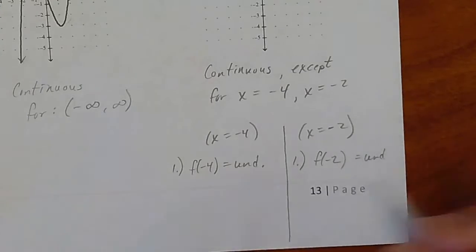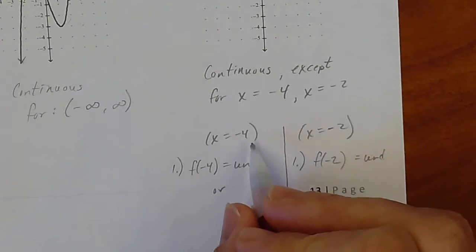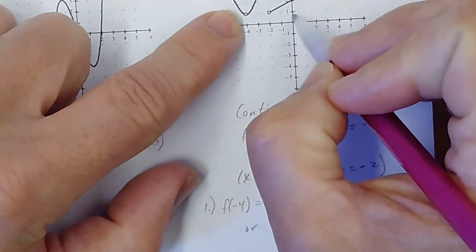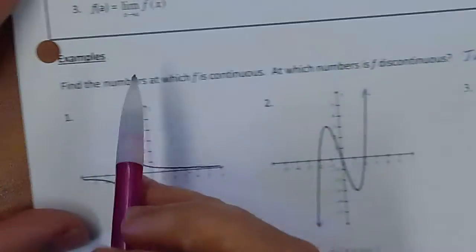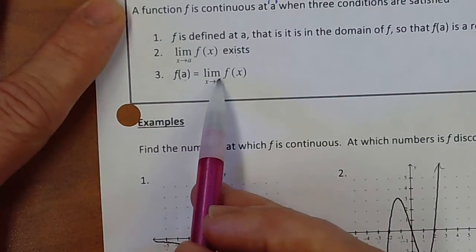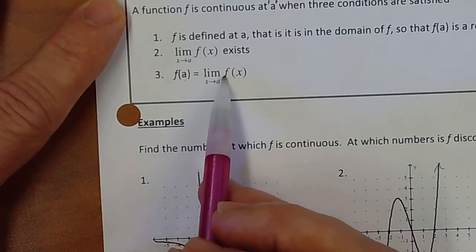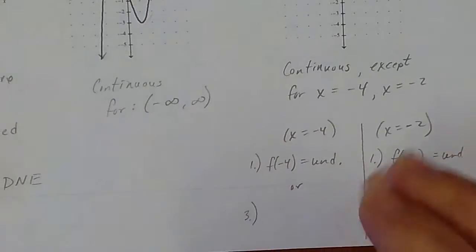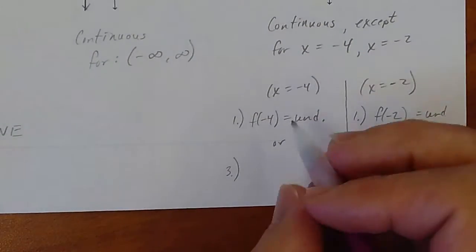Okay. Or let's take a look back at x equals -4. I could use justification 2. It does exist. It's a limit of 1. But the second one asks, is f at a equal to the limit? So the limit we just found was 1. Does 1 equal the function value at a? Well, f at a, I'll label this as 3, was undefined.